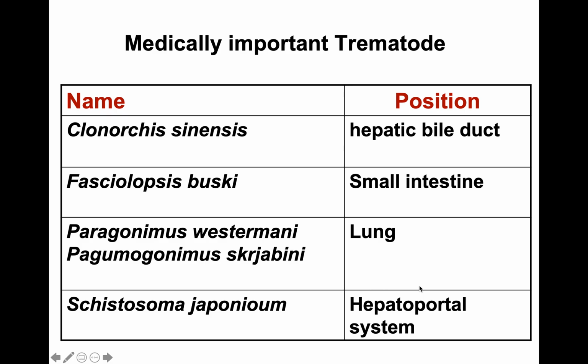And the last one is the blood fluke, living in the blood vessel. So they are very slim and long, and there's a sucker to make sure they stick to the blood vessel, and then the whole body is floating in the vessel. Later we're going to go through them one by one.